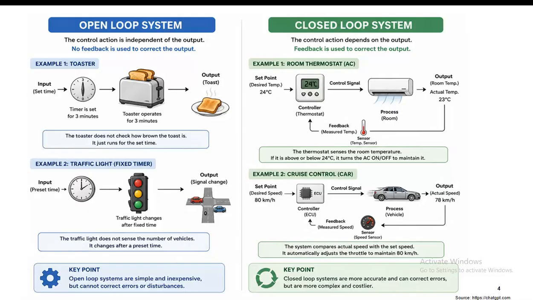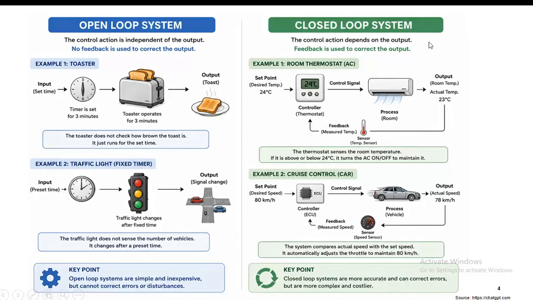For example, the traffic light does not sense the number of vehicles and it changes after the preset time. And the main point is the open loop systems are very simple and inexpensive, but they cannot correct the errors.